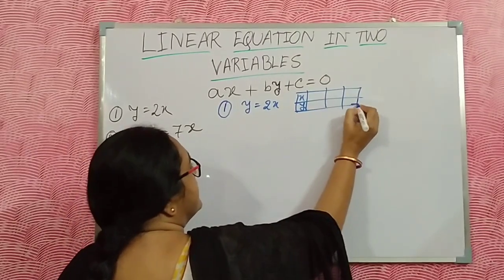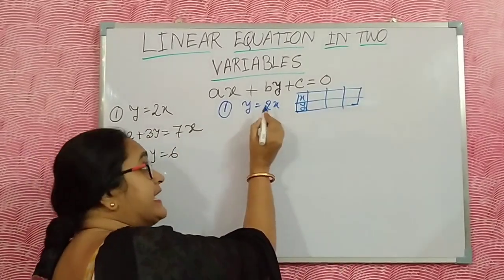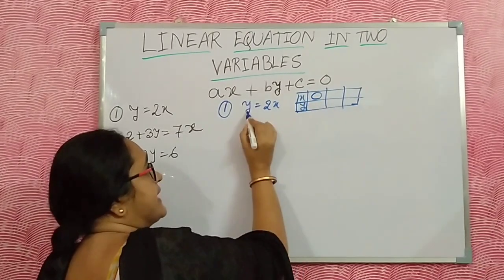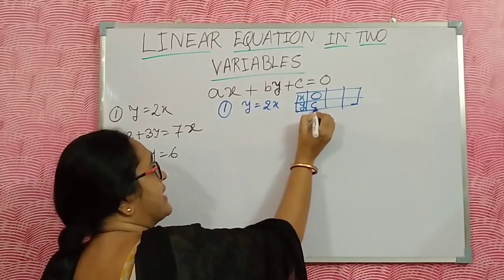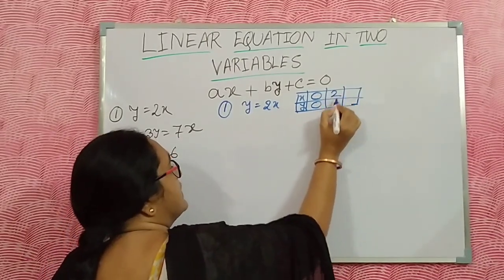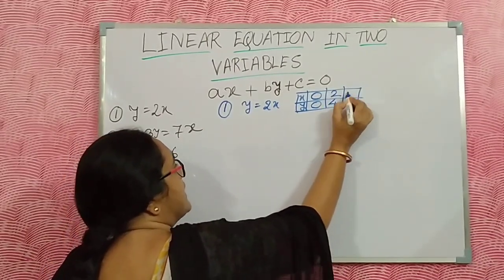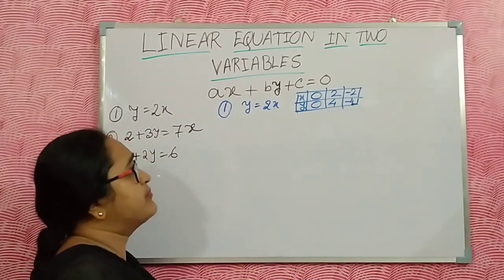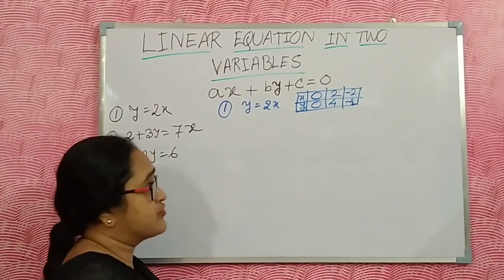Now you put any values of x. I take 0, then you get the distinct value of y. Then you take 2, then you get 4. Then you take minus 2, then you will get minus 4 also.